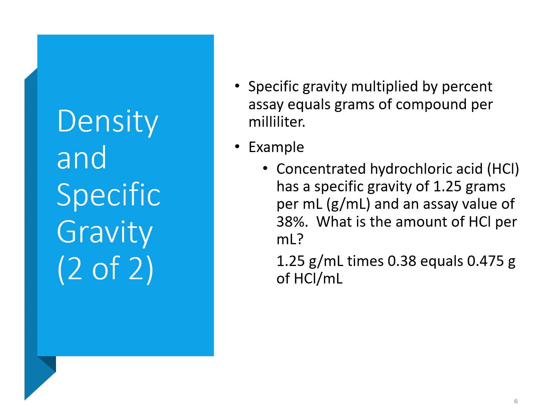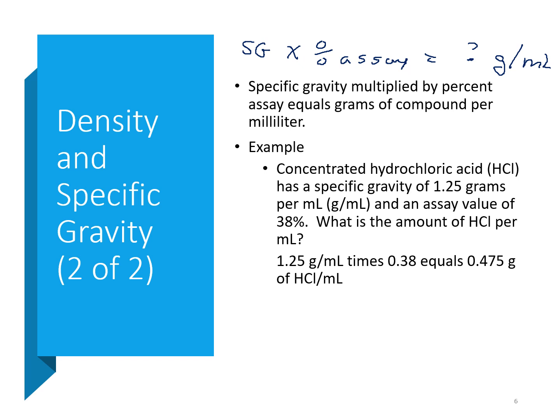The specific gravity multiplied by the percent assay will equal your grams per ml for that particular compound.